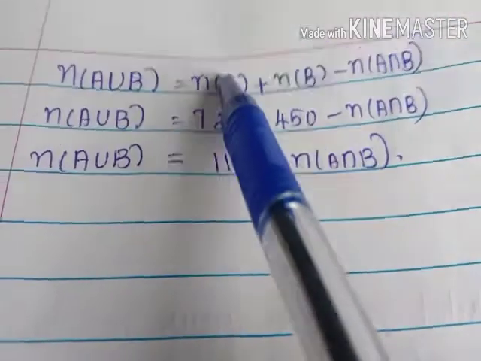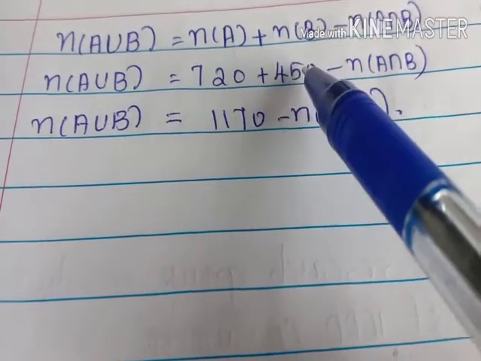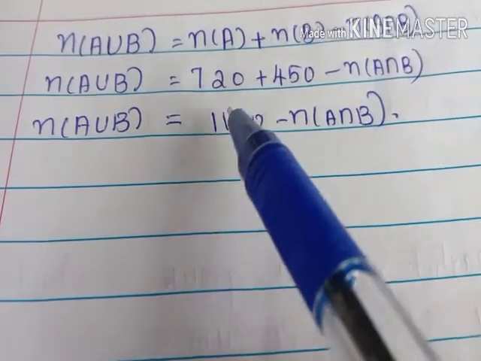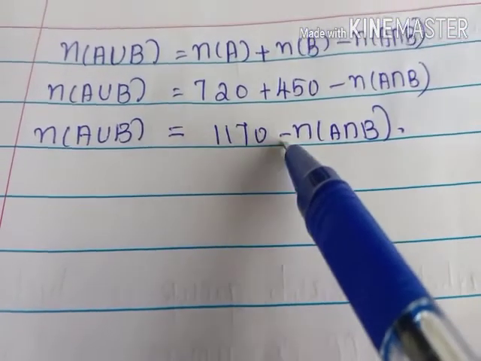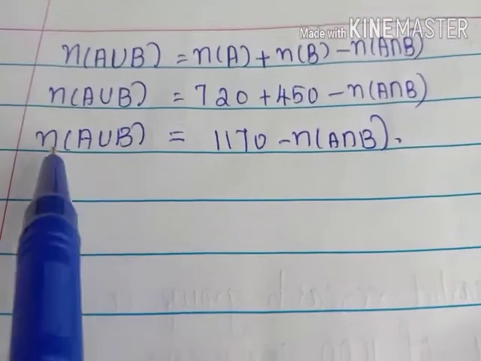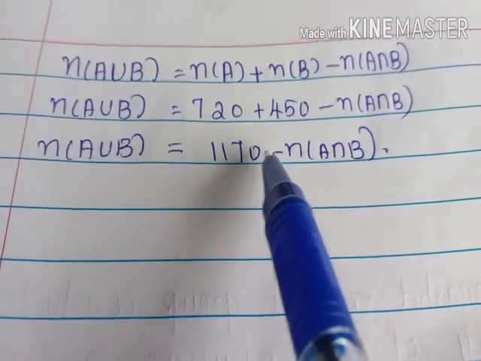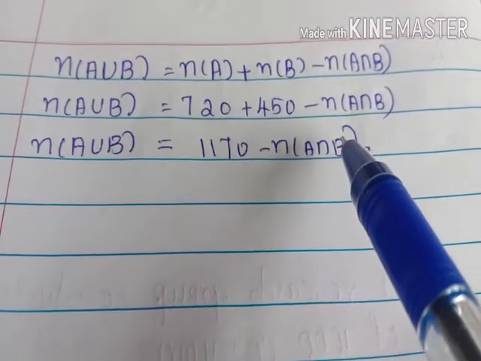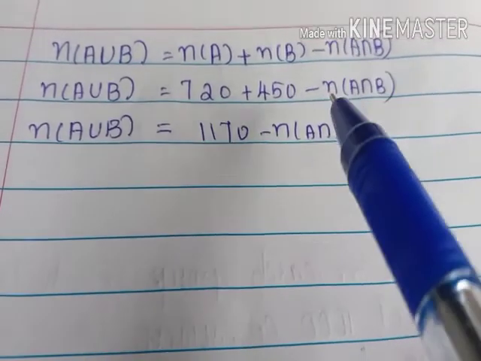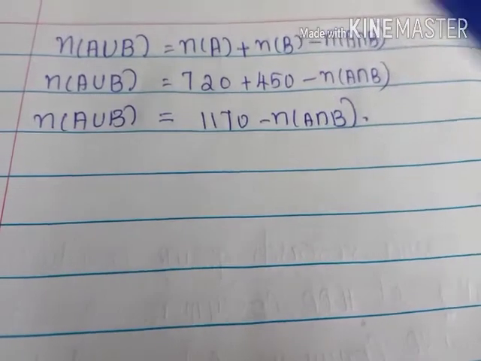Now put n of A equal to 720, n of B equal to 450 and simplify. 720 plus 450 equal to 1170. We don't know these two values, so we get the expression n of A union B equal to 1170 minus n of A intersection B. Our question is, what is the least number that must have liked both the products?